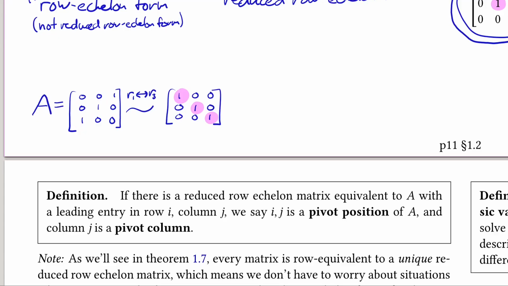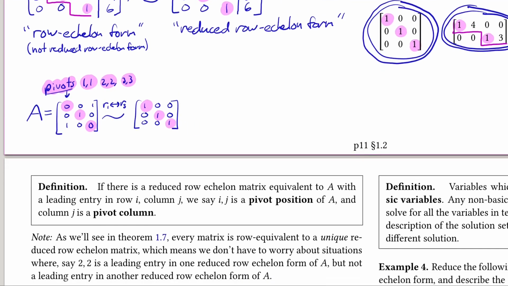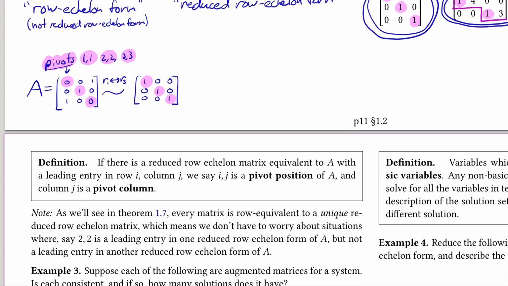It's where they are in the reduced echelon form version, which is here. So yeah, we could say row 1, column 1, row 2, column 2, and row 3, column 3 are the three pivot positions of A, even though they're not leading entries in A. So that's what a pivot position means.